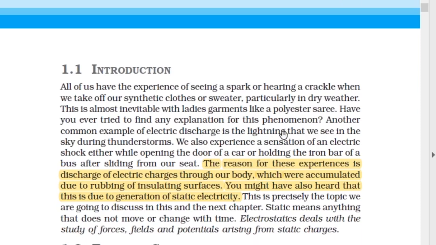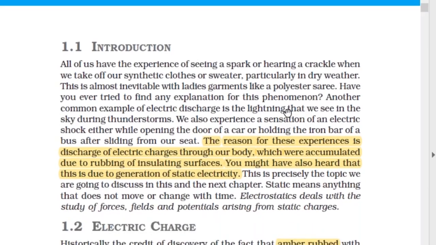When we take that off, we also see that with many garments like polyester sarees, when the ladies who are wearing them handle them, they can hear some crackle sound. And there are many other phenomena where we see the effect of the discharge of static electric charges. Discharge of static electric charges.